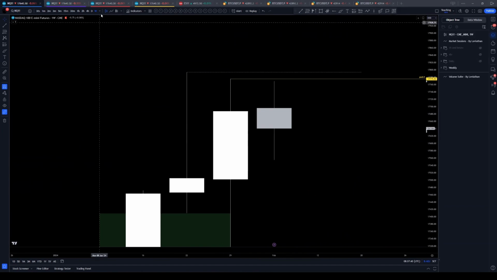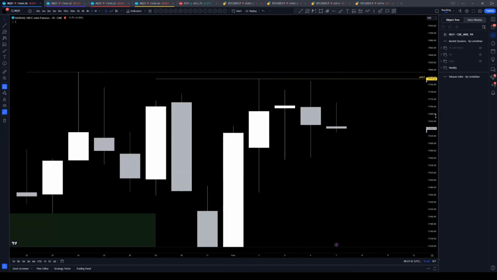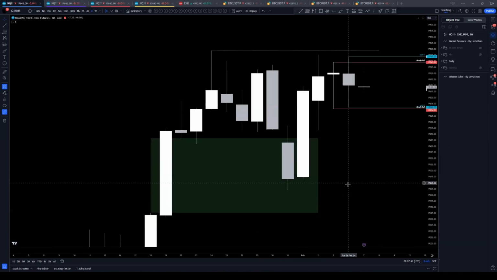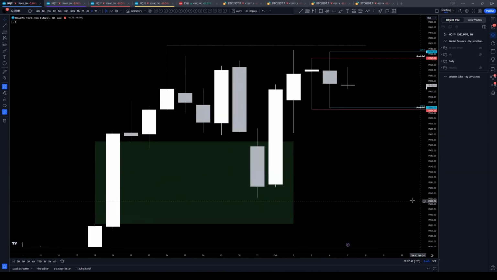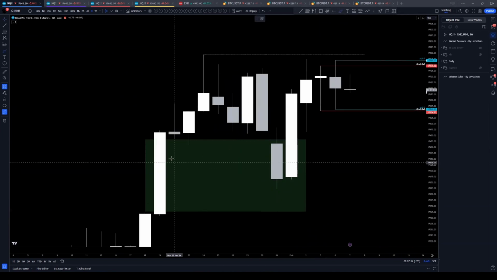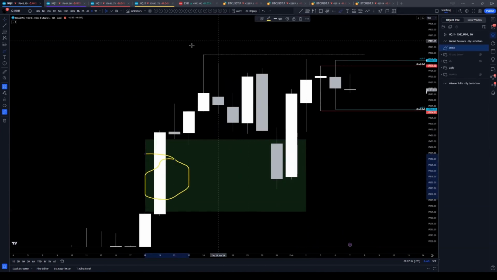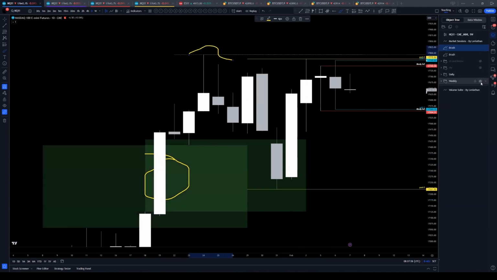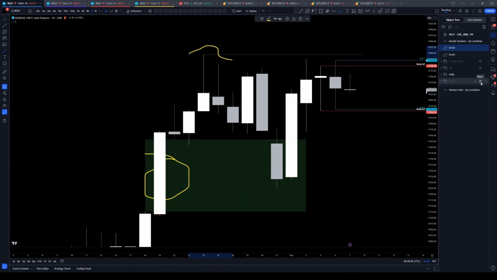So now we jump down onto the daily, we get a little bit more information. Let's just take the weekly away. So now we can see we're also jumping out of this big daily gap here, jumped out of that, and we're still yet to take the external high, which is also obviously the previous week high and that external high.